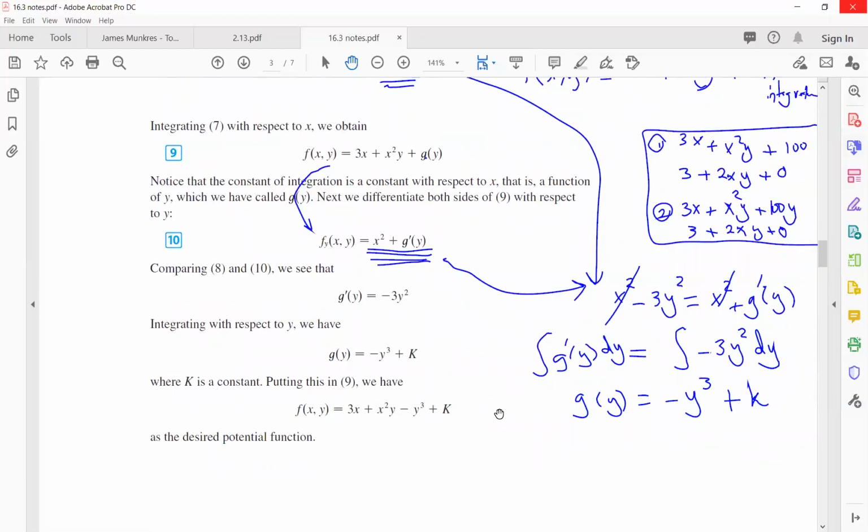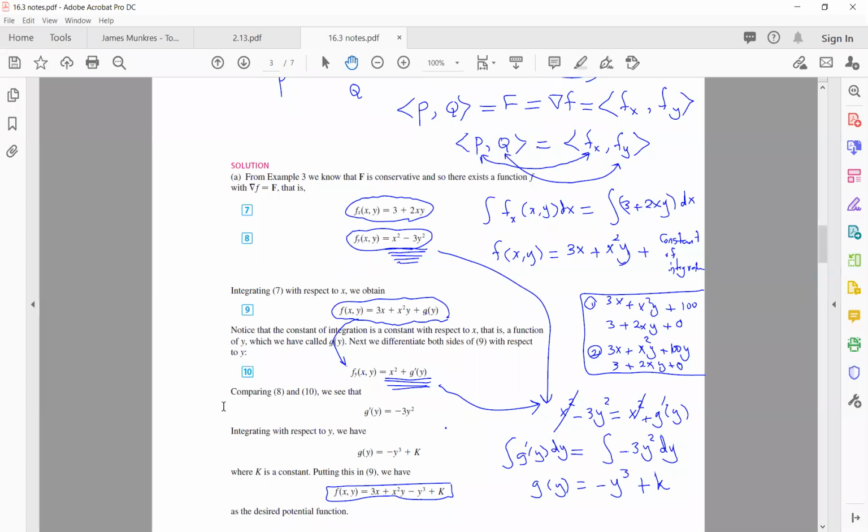So your potential function is f of x, y equals 3x plus x squared y minus y cubed plus k.